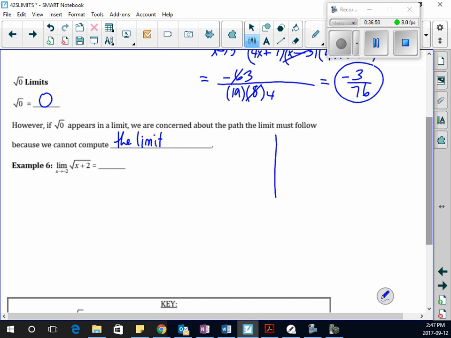So do you remember when we have square root functions? This is y equals the square root of x. Does everybody see, if I find the value at 0 here, it's 0, right? But the limit as x goes to 0 does not exist. Why is that? Because it only exists from the right-hand side, not the left-hand side.